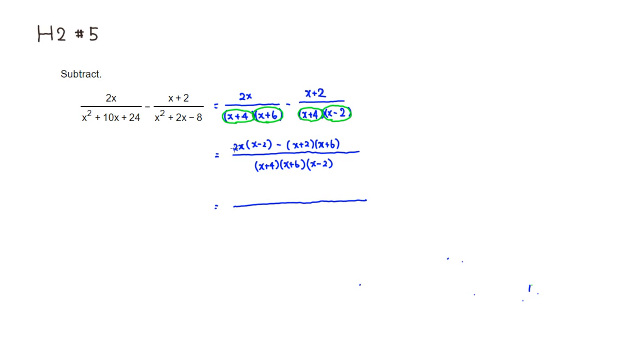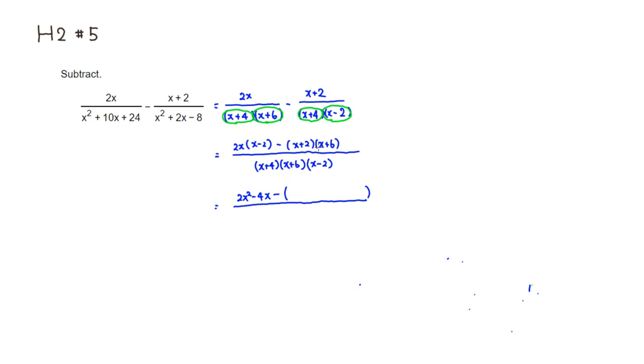I'm going to distribute 2x to x, and you get 2x squared. And 2x to negative 2 gives negative 4x. Here's the minus, and be sure to put the parentheses because a negative sign distributes to all terms.